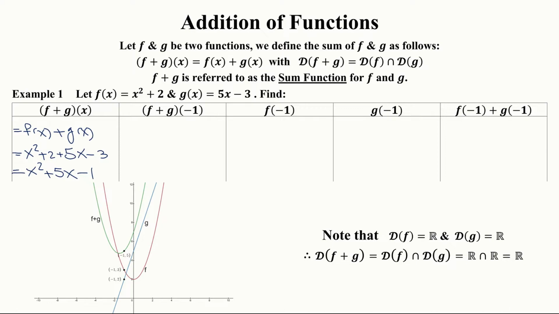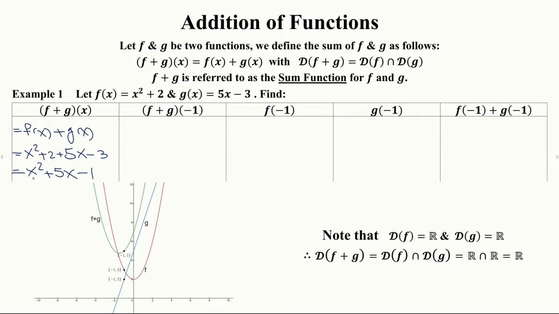Now, if we want f plus g at a specific input value like -1, we have a couple of options. We can actually go ahead, now that we know what f plus g of x is, and substitute -1 in this expression that we found for f plus g of x and obtain our answer.